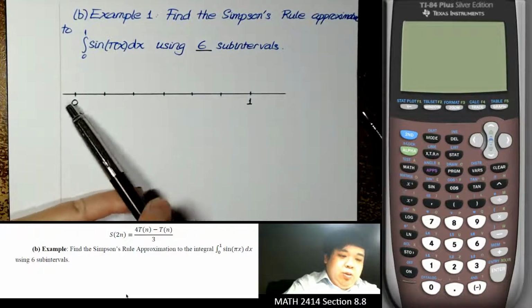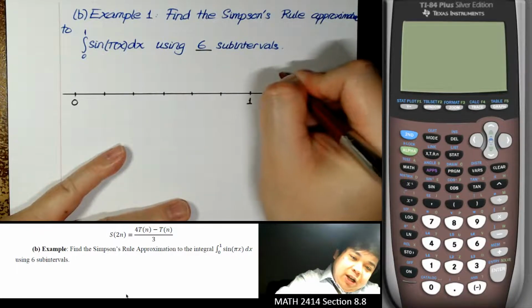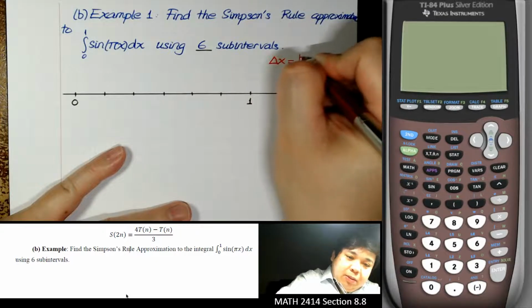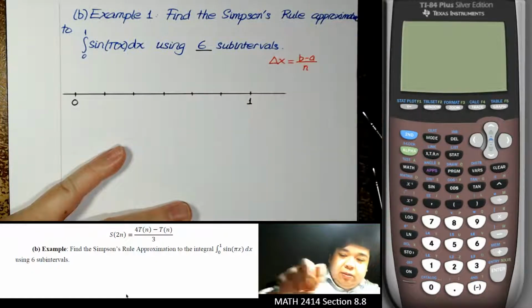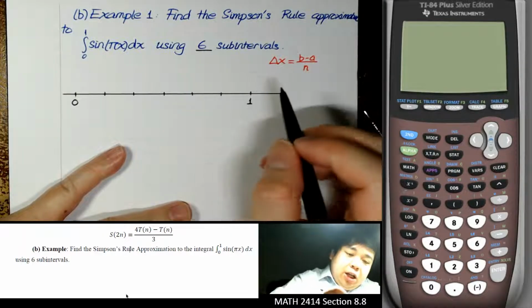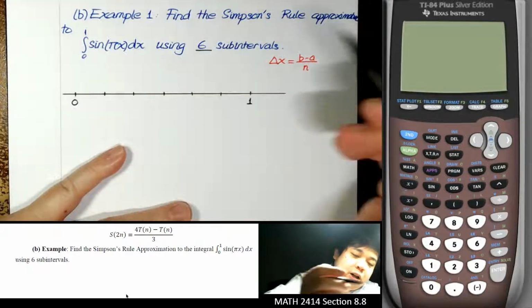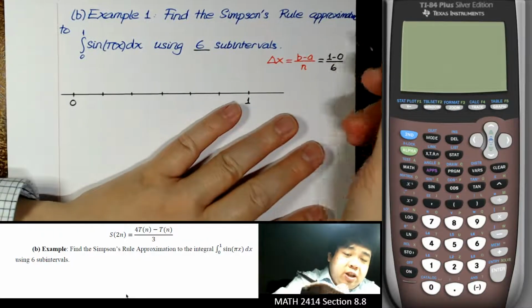So there are 6 subintervals, and the width, delta x, is always b minus a over n. So we have n is 6, going from 0 to 1. So 1 minus 0 divided by 6, so it's 1 over 6.